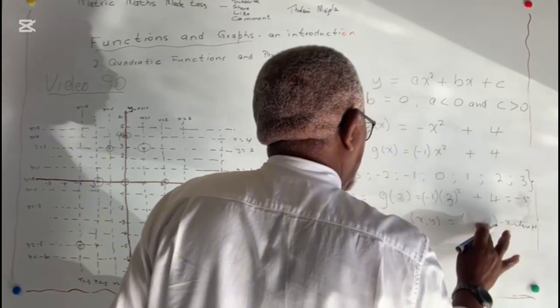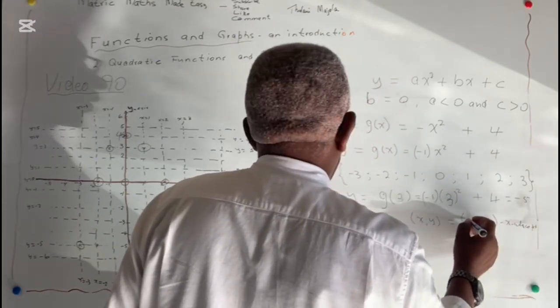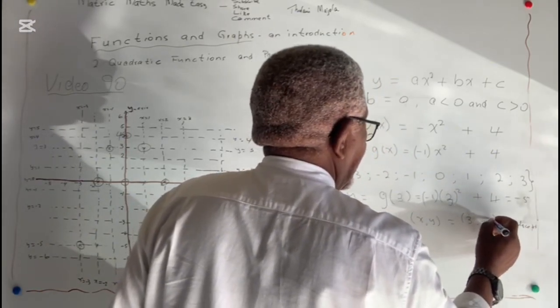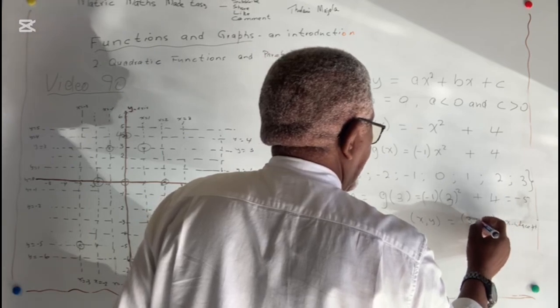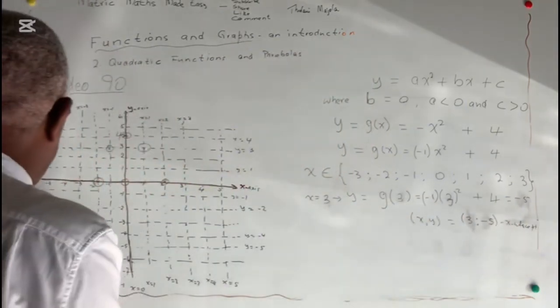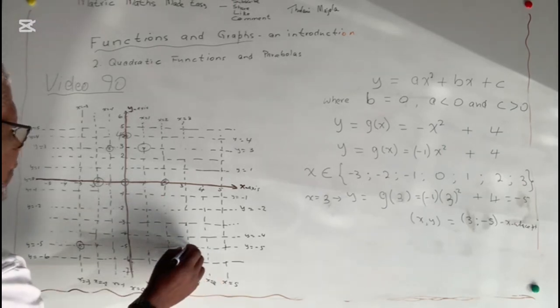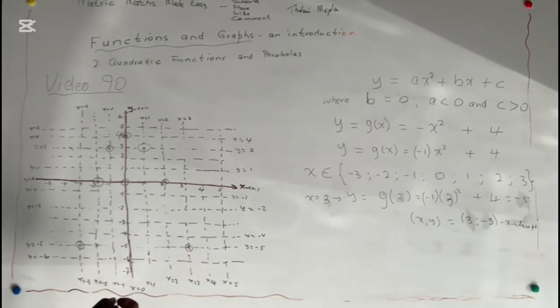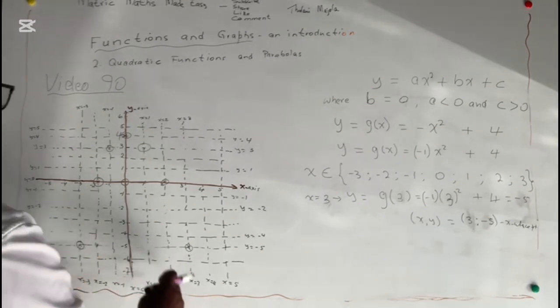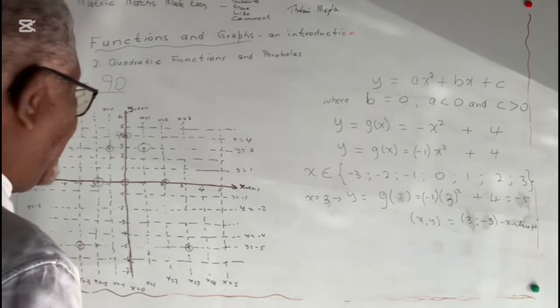So when x is 3, y is negative 5. So you see it's like a mirror image. And then that is your graph.